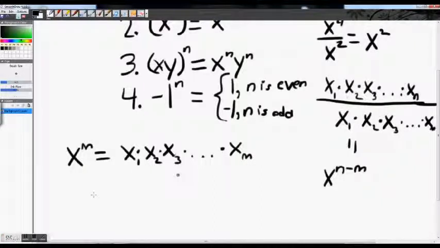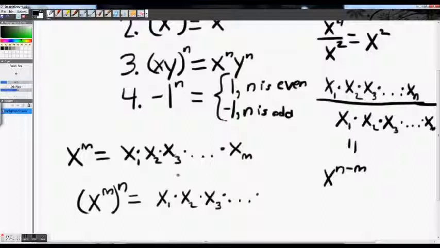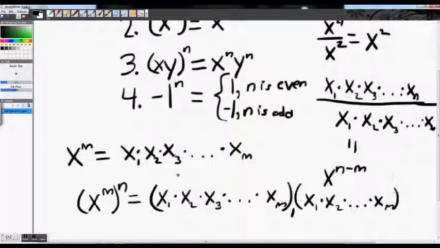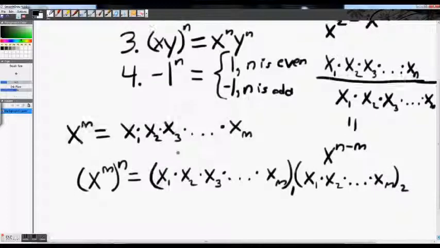Now if we want to raise this to a power n, that would mean taking this sequence and multiplying it by itself n times, and on and on until we get to the nth multiplication.